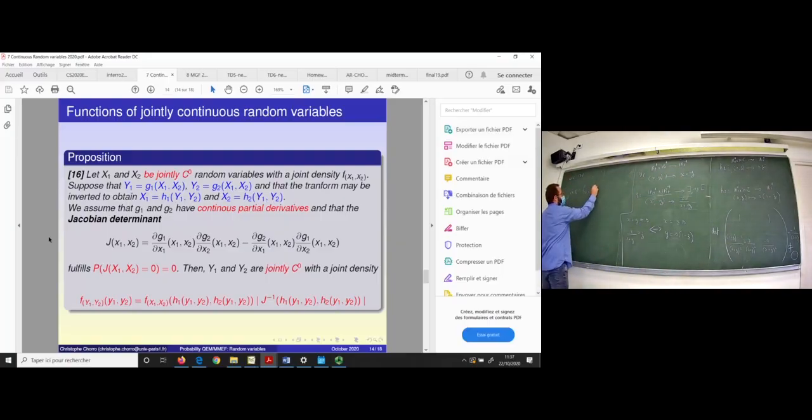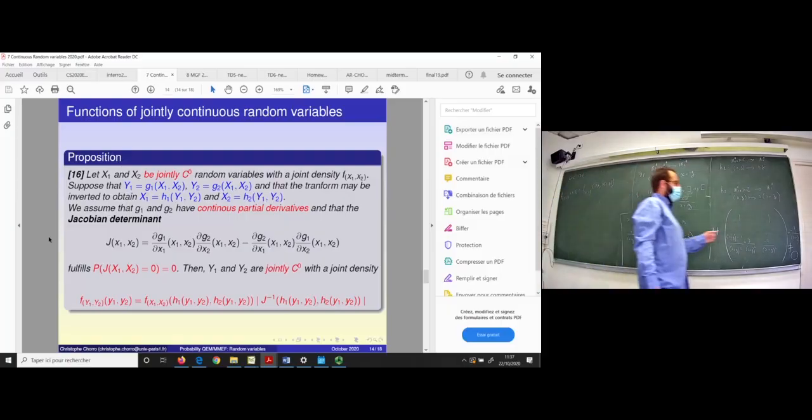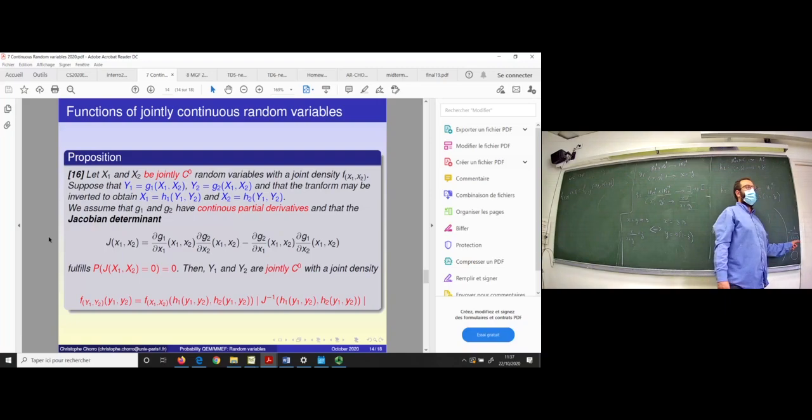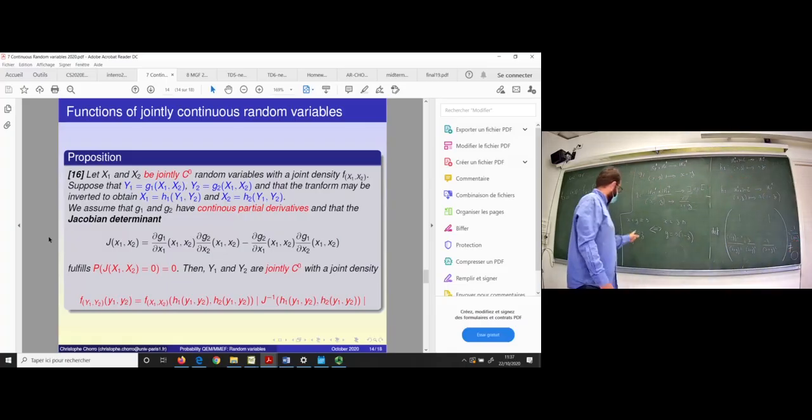So I have here sz, s(1 minus z), and then I have the inverse of the absolute value of this one, that is x plus y, that I have to express in terms of h1 and h2, but we have seen that x plus y is just s. So I have here s.